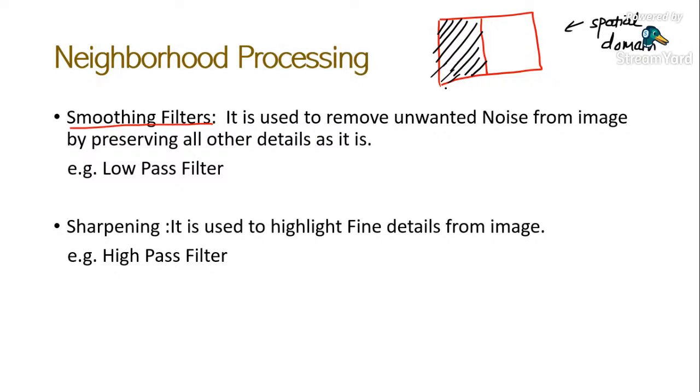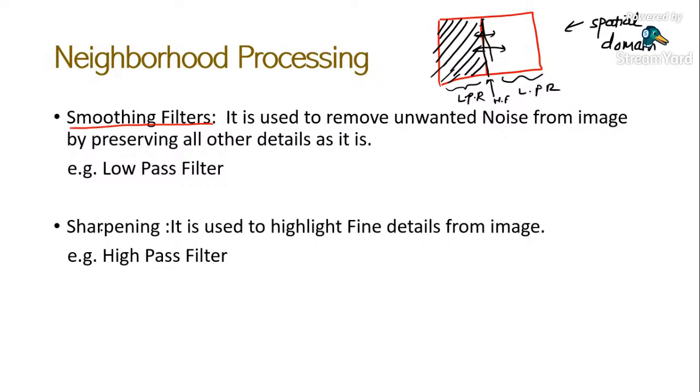Here it is a low pass region, and here also it is a low pass frequency region. What is the high frequency region in this image? The edge between them. This is high, meaning a drastic change in intensity, black to white. So this part is the high frequency region in the spatial domain.